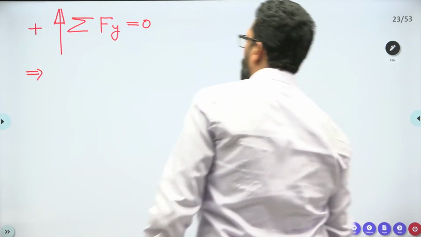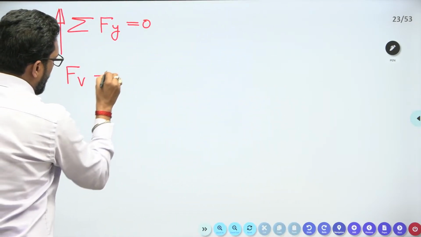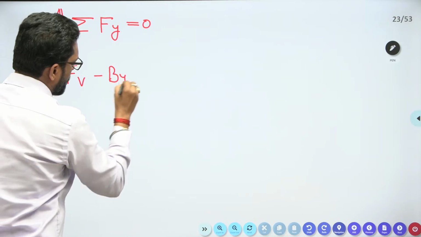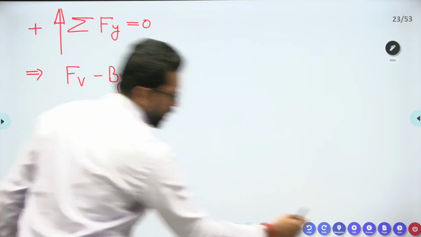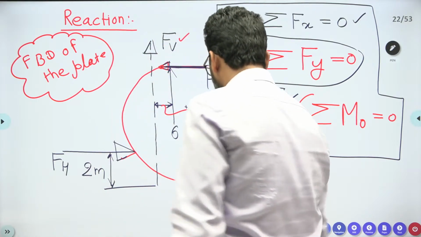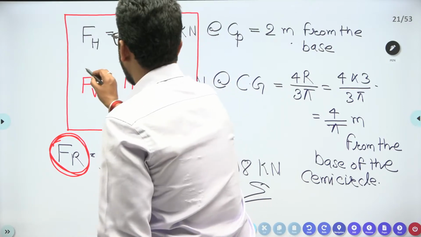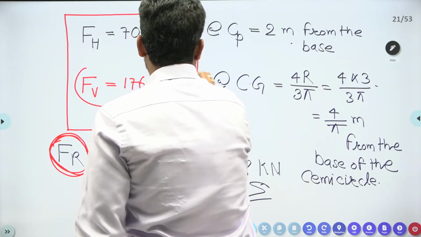So Fb minus By is equal to 0. Only these two forces act in the vertical direction, this one and this one. And you know Fb.